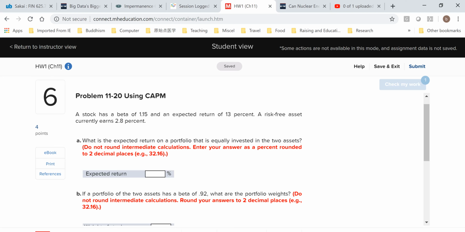Here it is also equally invested in the two assets. So that means 50% of the wealth is invested in the stock and 50% of the wealth is invested in the risk-free asset. We know the expected return of the stock is 13%, and the return of the risk-free asset is 2.8%.